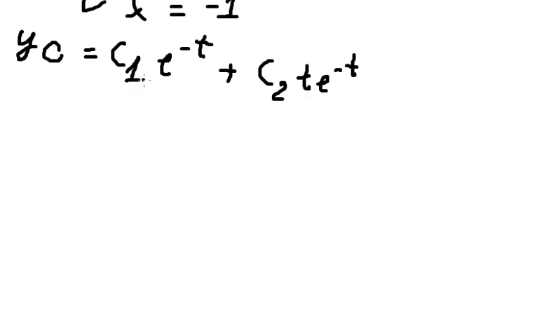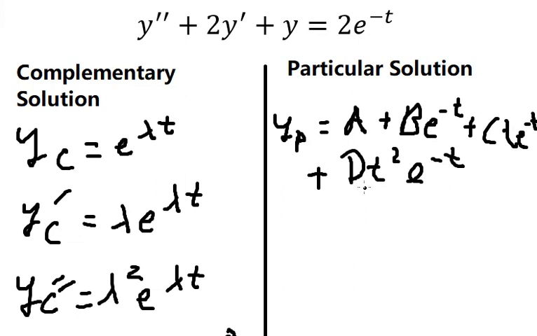Because we have the same term, that's why we need to go up to t squared in here.